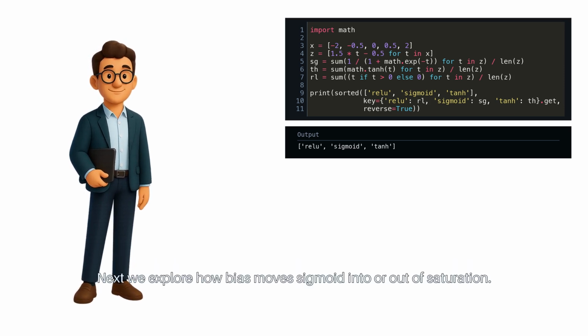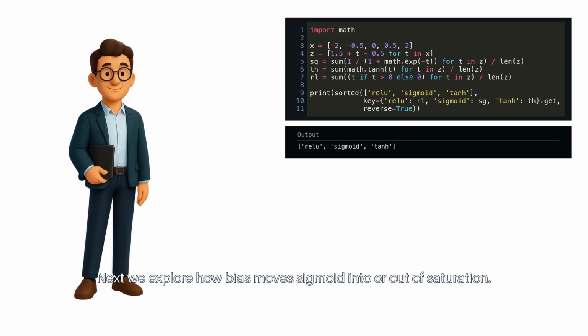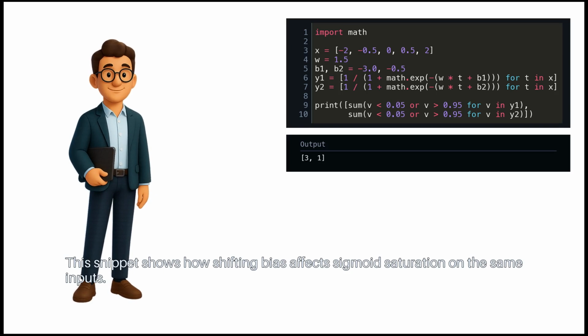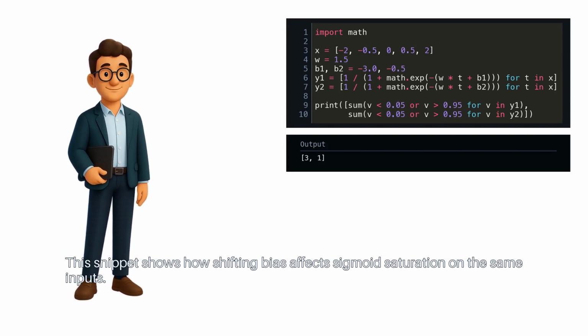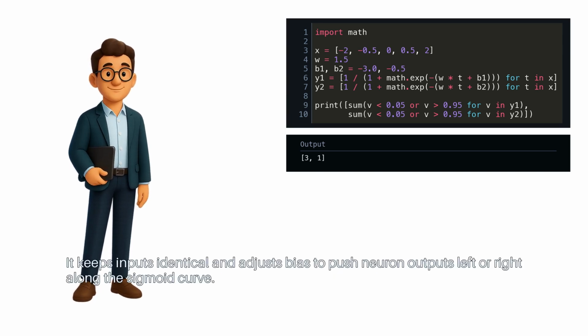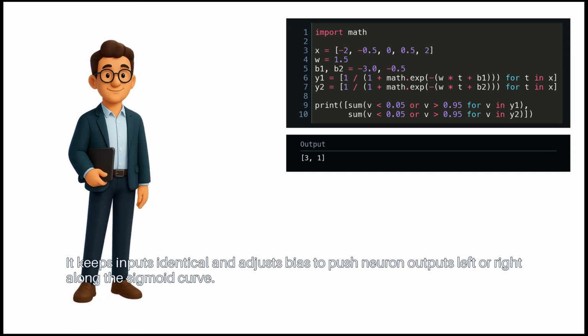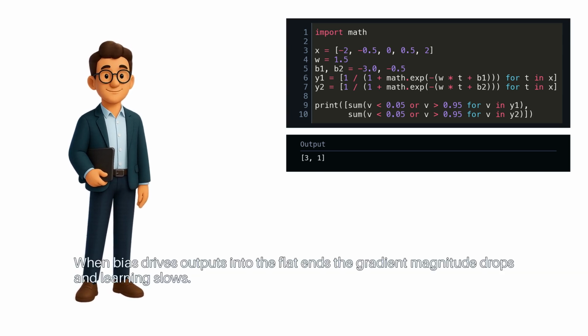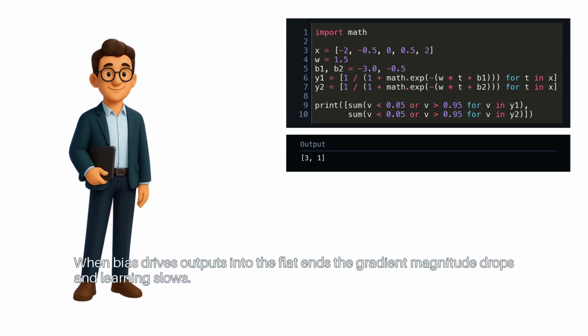Next, we explore how bias moves Sigmoid into or out of saturation. This snippet shows how shifting bias affects Sigmoid saturation on the same inputs. It keeps inputs identical and adjusts bias to push neuron outputs left or right along the Sigmoid curve. When bias drives outputs into the flat ends, the gradient magnitude drops and learning slows.